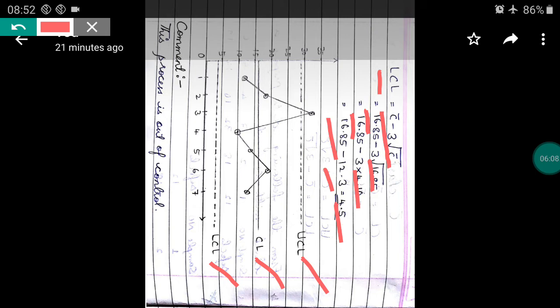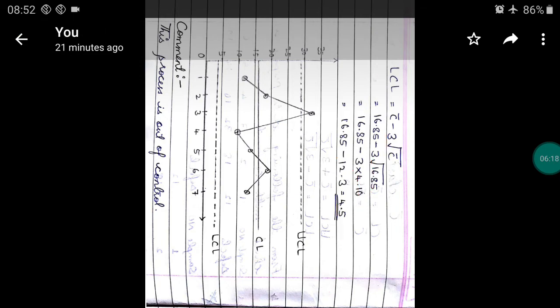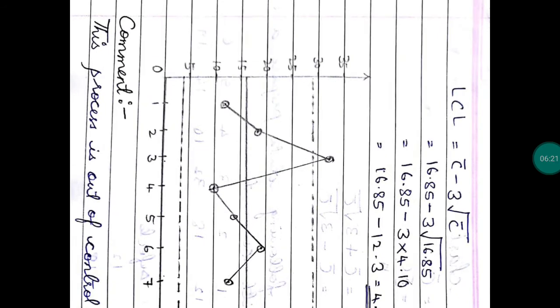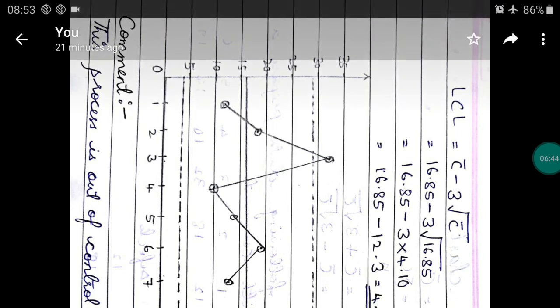Now come to the respective diagram. You should make an x-axis and y-axis. See, the first value is 12, the next is 18, the next is 32, then 10, next 14, next 19, next 13.